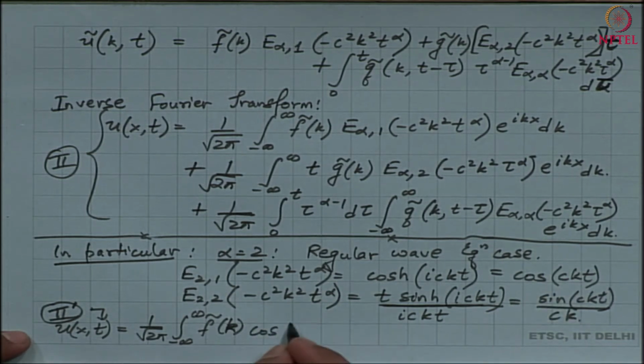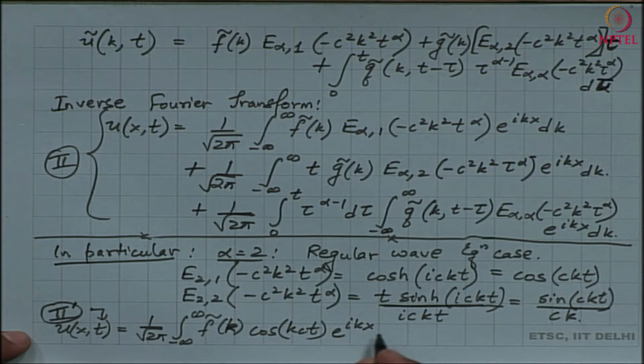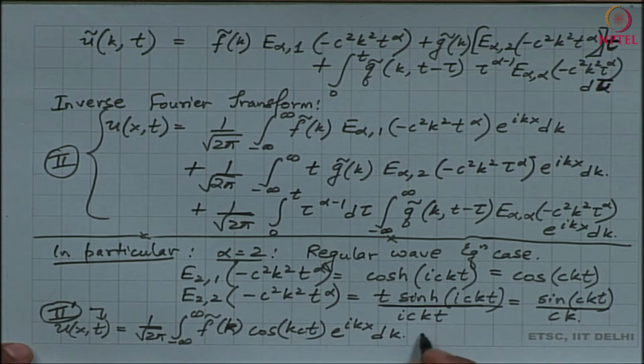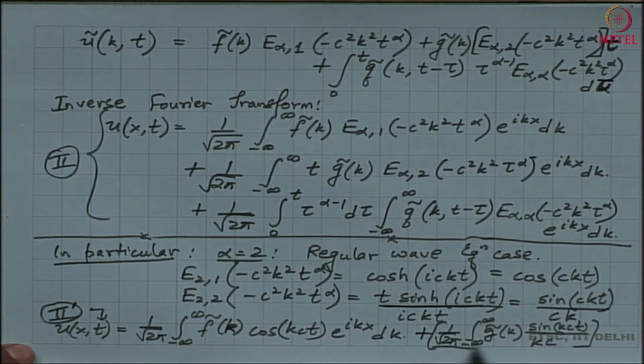So cos k c t times e to the power I k x d k plus 1 by square root 2 pi integral negative infinity to infinity, and then the integral is g tilde of k times sin k c t divided by k c.